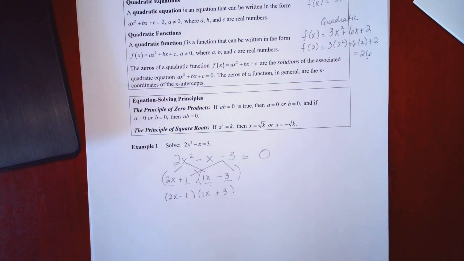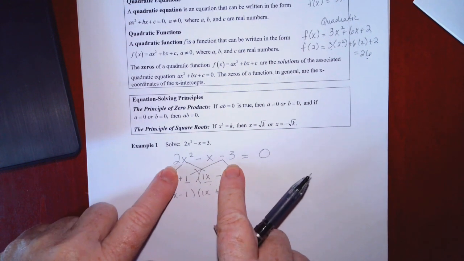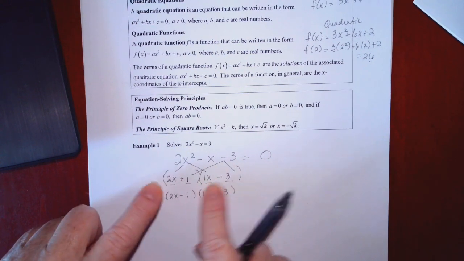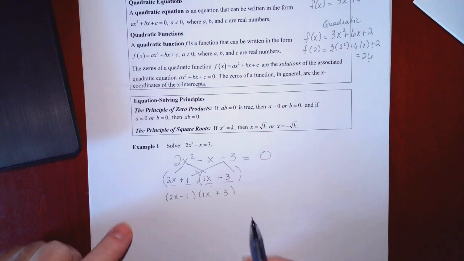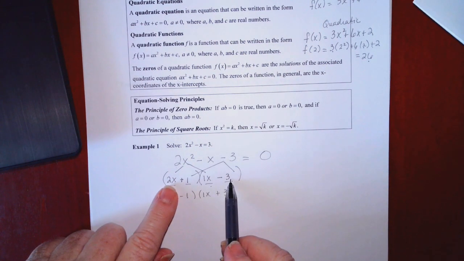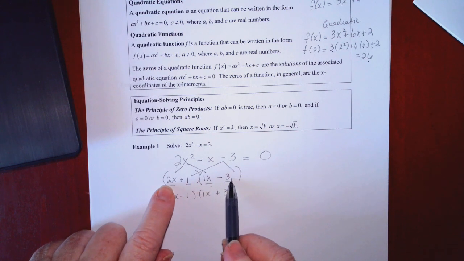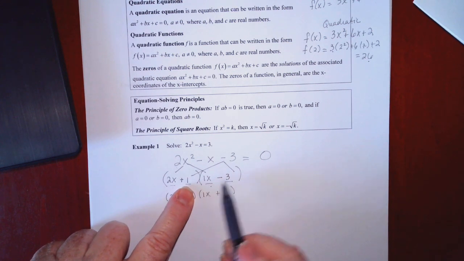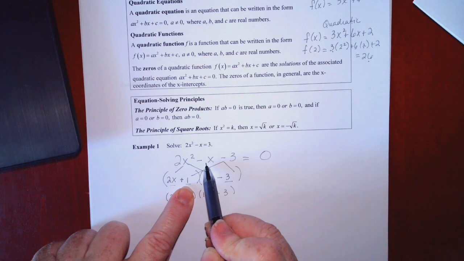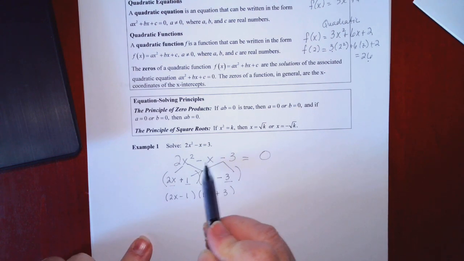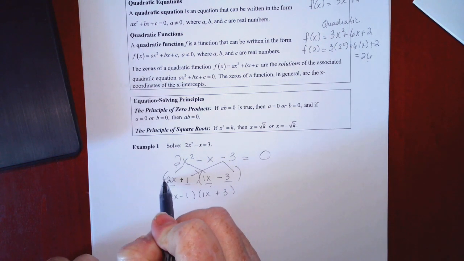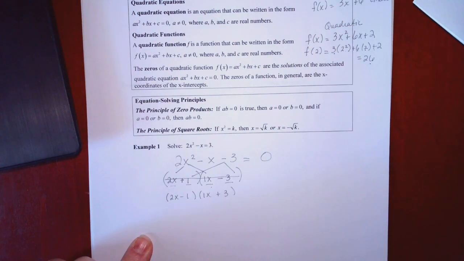But then what do I have to do? Well, I have to ask myself, do these multiply together to give me this? The first term and the last term are good. But if I multiply the outer term and then the inner term, I would have -6x plus 1x is a -5x. I need just a -1x. So that one doesn't work.